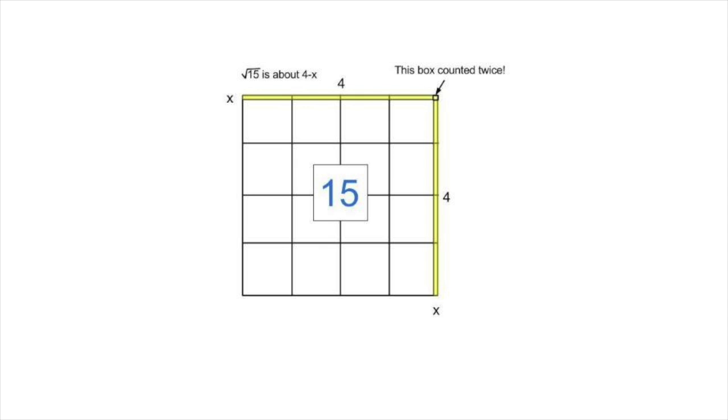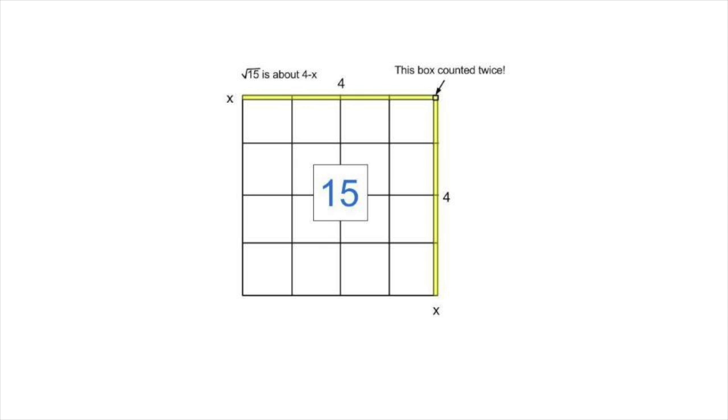But those two rectangles both have that box in them. So we end up counting that box twice, which, as long as that box is really small, which it is here, that small error won't make us miss by much. We'll get a number which is a little bit too high, but it'll, again, just like the square root of 17, be a very close approximation to the square root of 15.